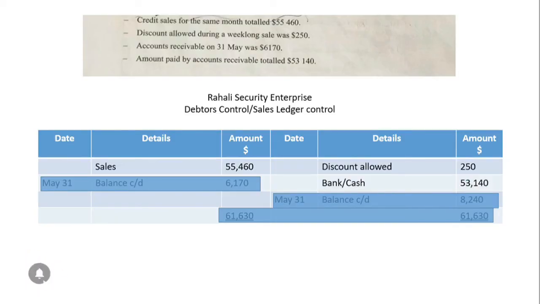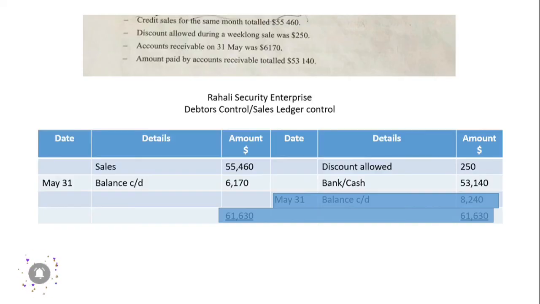All right. And so we go back to the transaction above, which says accounts receivable on the 31st of May was 6,170. As I said, that is the closing balance, and since this is the closing balance, we're going to switch the side and put it on the debit side. So May 31 balance c/d 6,170. Now we are going to balance off the sales ledger control. When I add up my debit side, it comes to 61,630, and my credit side comes to 53,390.